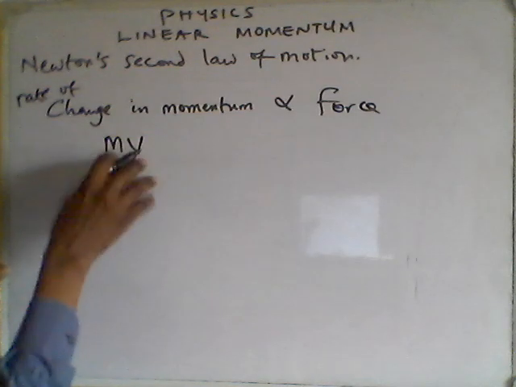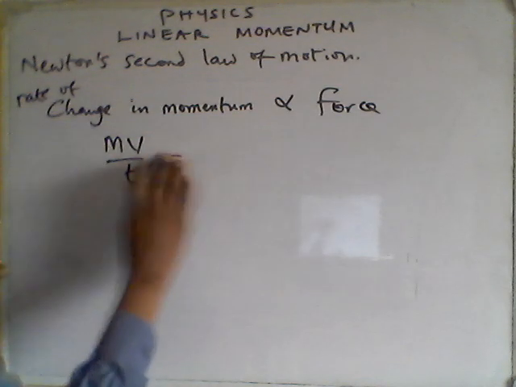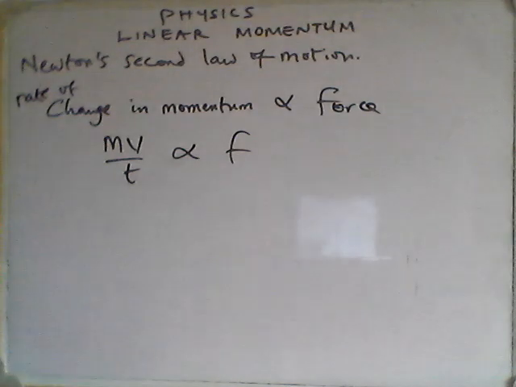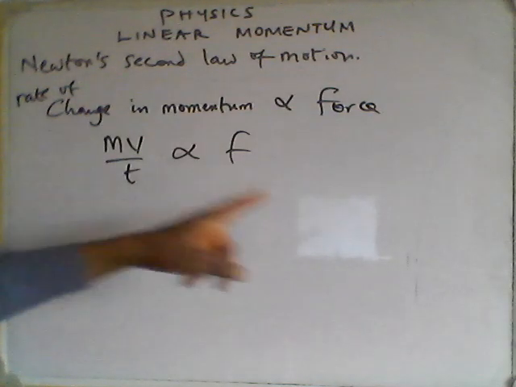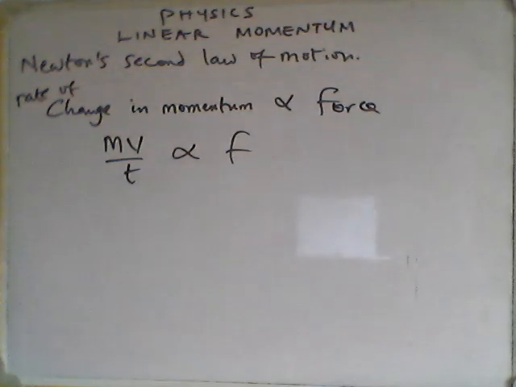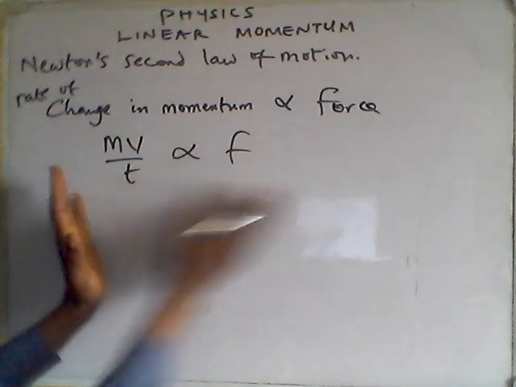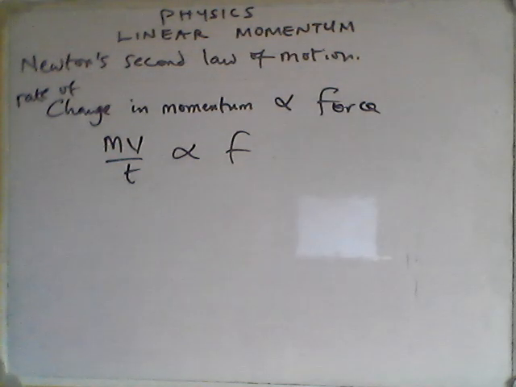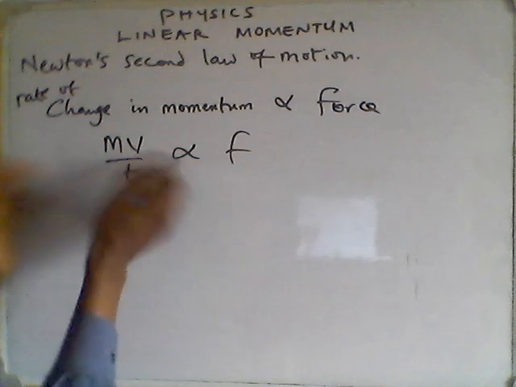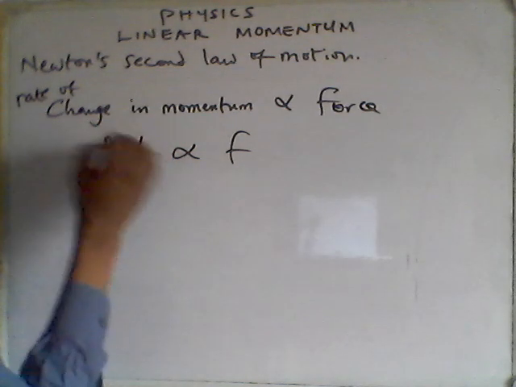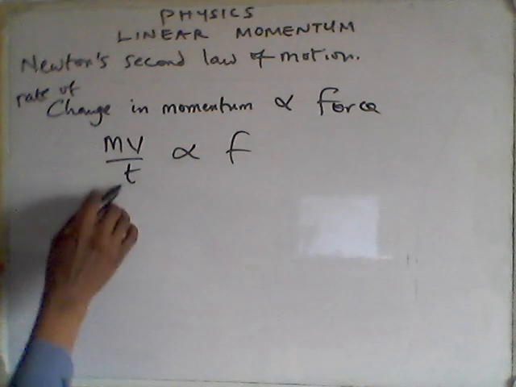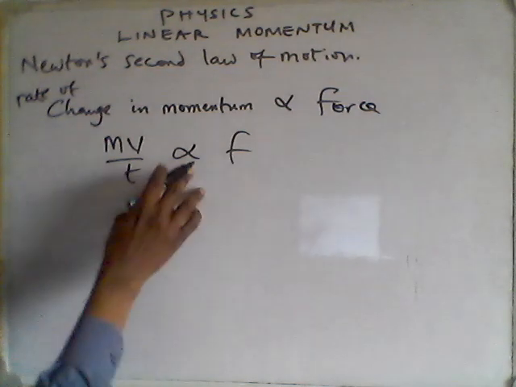So the momentum per time is directly proportional to the force, F. That's what Newton's second law is saying: that the rate of change of momentum is proportional to the force impressed in the direction of that force. So this is the mathematical expression of the second law. You have the momentum as m times velocity over time, which is the rate of change of momentum, proportional to the force.